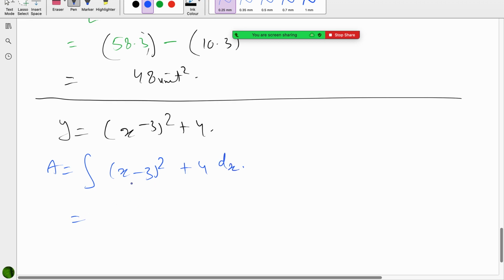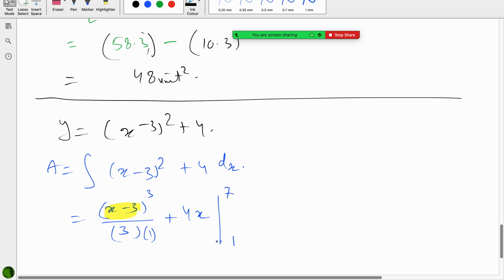So this is power plus 1 divided by power, and then we go for the differentiation of whatever is inside the bracket. In this case, the differentiation of this part is 1. So we divide it by 1 again, plus 4x, with limits 7 and 1. This will give you the same answer.